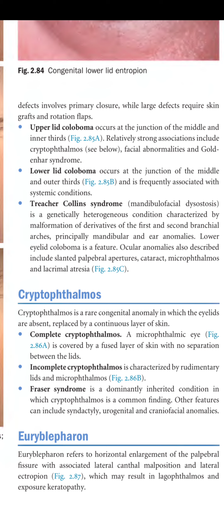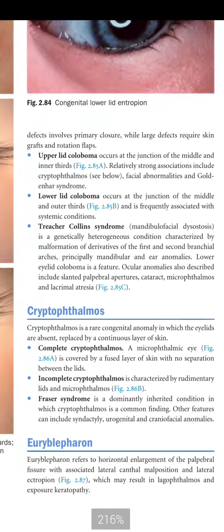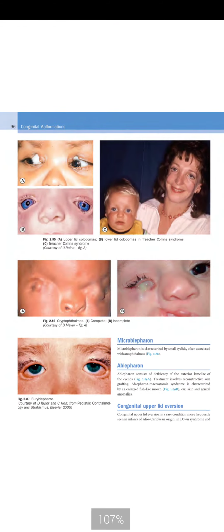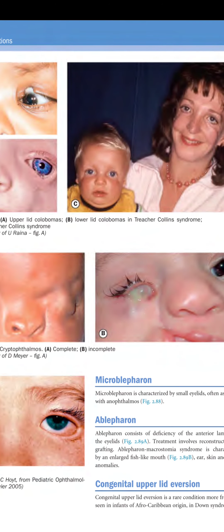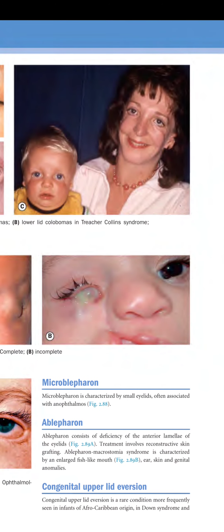Other features include syndactyly, urogenital, and craniofacial abnormalities. Syndactyly means the fusion of the fingers. You can see figure 2.86 A and B. A is showing a complete skin closure, and B is showing the rudimentary lids.